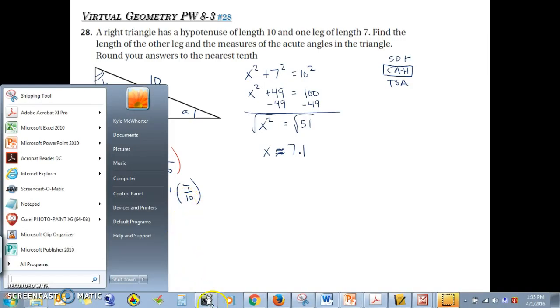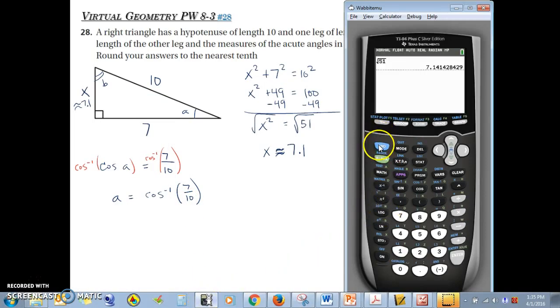Now I'm going to get my calculator again, and I'm going to do shift cosine to get the inverse cosine, 7 over 10, 0.79. That doesn't sound right. The reason is because my calculator is in radians probably. Let me check my mode. And if you look right here, it's in radian.